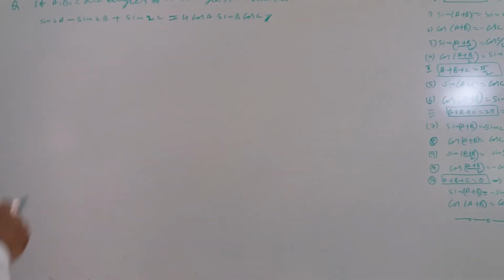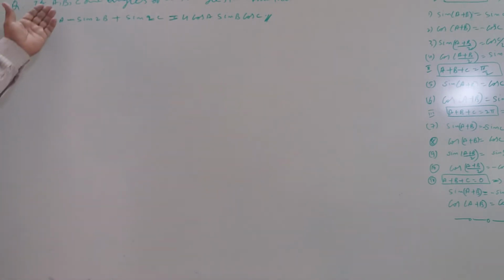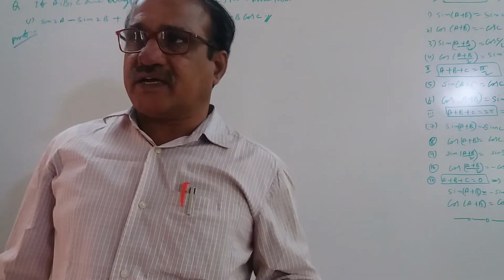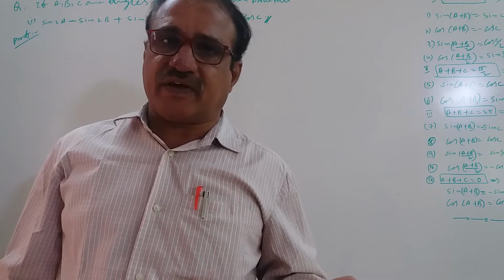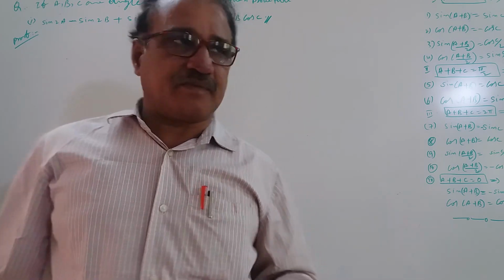Okay, here the question is like this. Proof. Before going to prove it, what is given: A, B, C are the angles of a triangle. That means the sum of angles A, B, C is 180 degrees, that is pi.